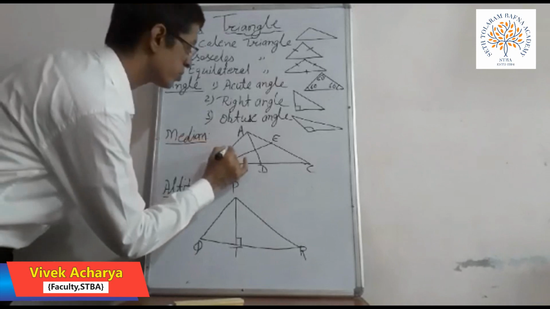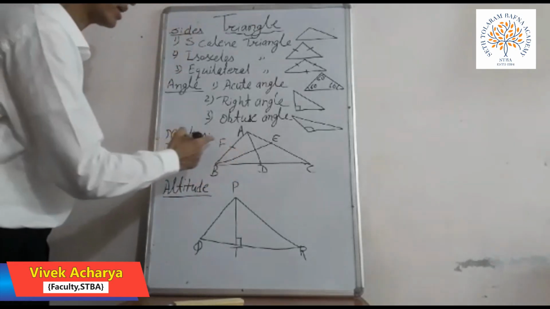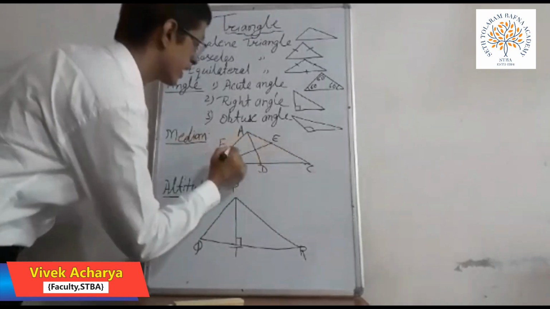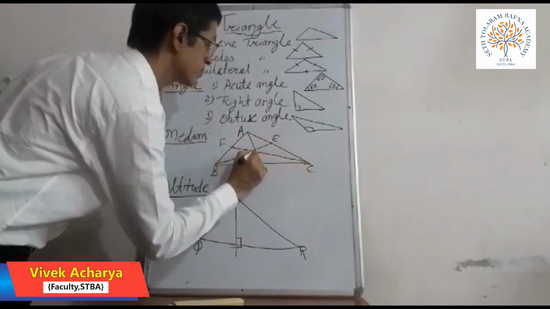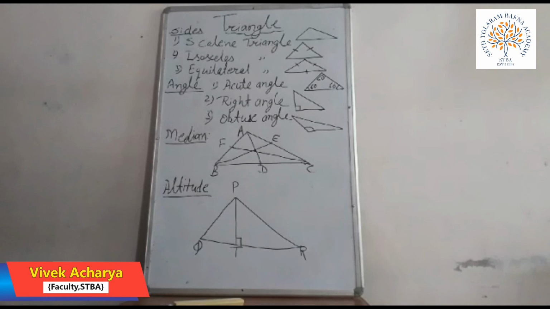If I take midpoint of AB is F and I join C to F, opposite vertex, then it becomes CF is the third median of this triangle.